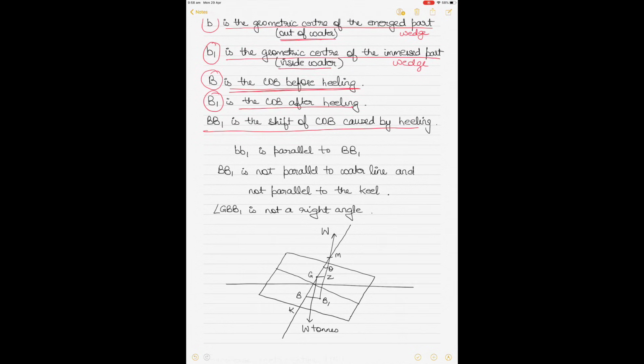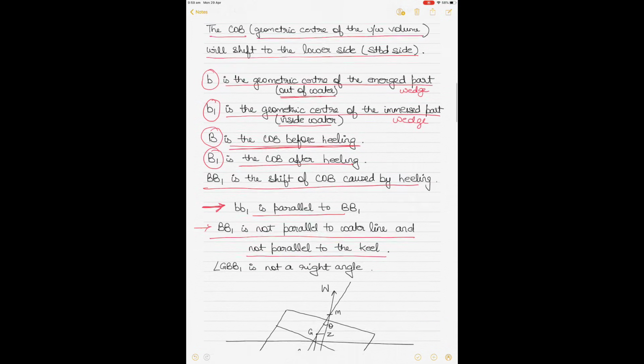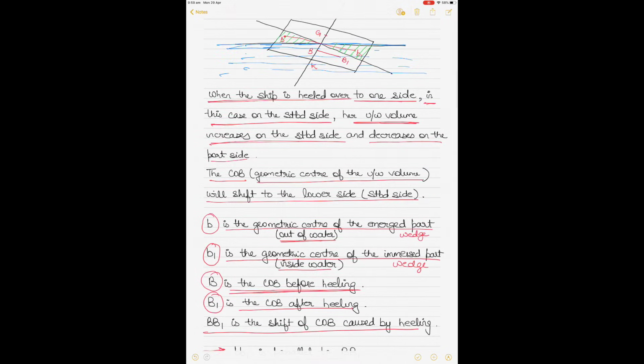So a few things you have to remember: BB1 is parallel to small b and small b1. Capital B, capital B1 is not parallel to the waterline and not even parallel to the keel. If you see the diagram above, capital B and capital B1 are not parallel to the waterline and not parallel to the keel as well.